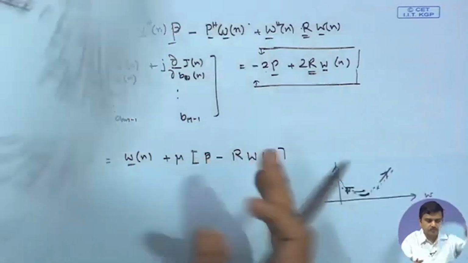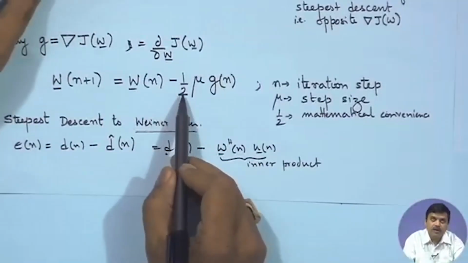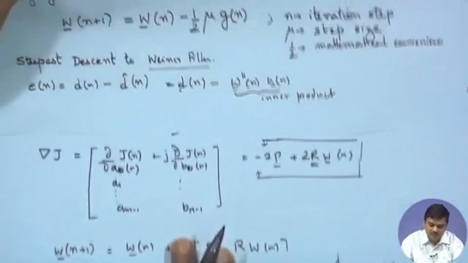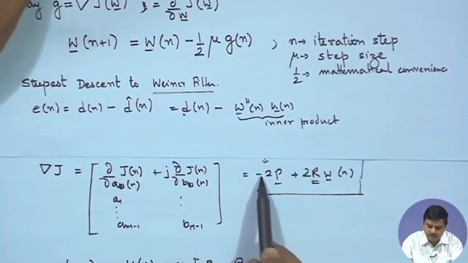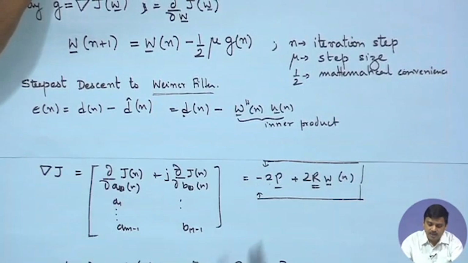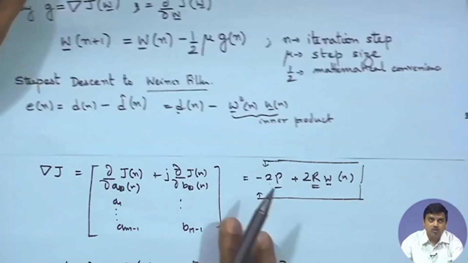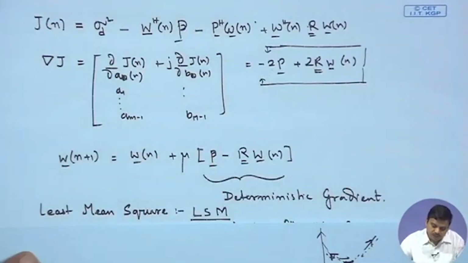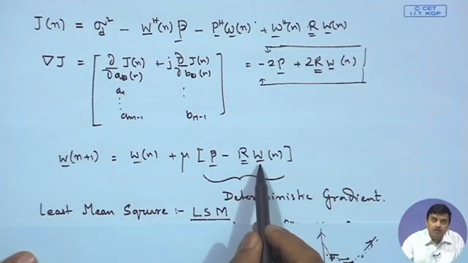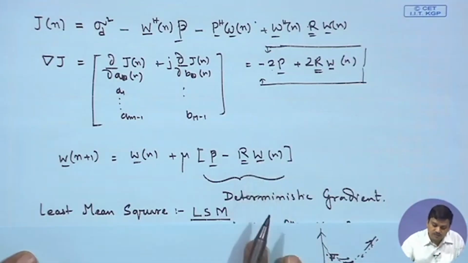So, there was a minus and a half; this minus and half would cancel out this 2, and this minus becomes a plus and this plus becomes a minus, where R is the covariance matrix, which we have defined earlier. Similarly, we have defined P, and these are the weights in the previous iteration.